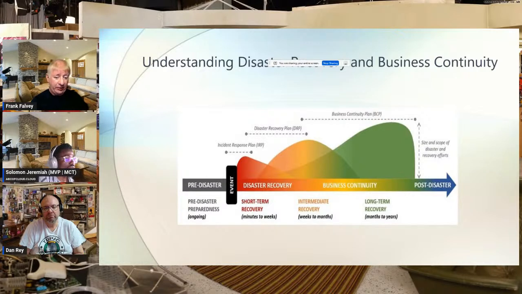Depending on what happened, you could get back up and running in a number of minutes, or it could take weeks. And then moving on to the immediate recovery, it could take weeks, could take months.